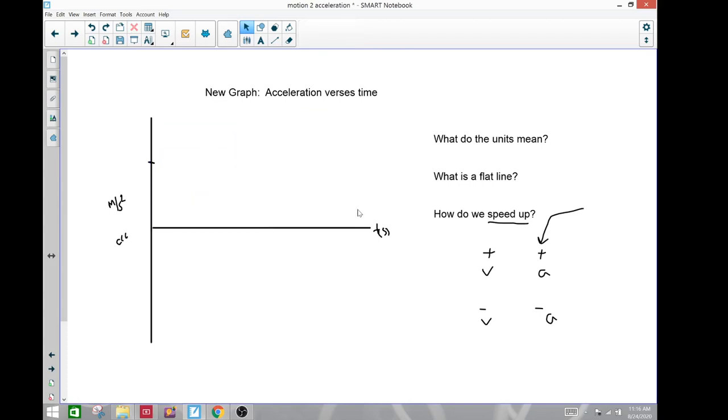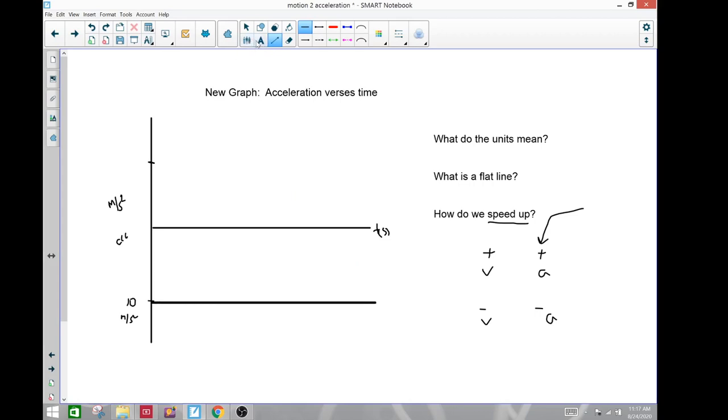Well, it's just negative 9.8. It's always going down. So let's say this is negative 10 or negative 9.8, and that's meters per second squared. I'm going to use a straight line for this because it's straight, and it would just come across like so. This would be gravity.